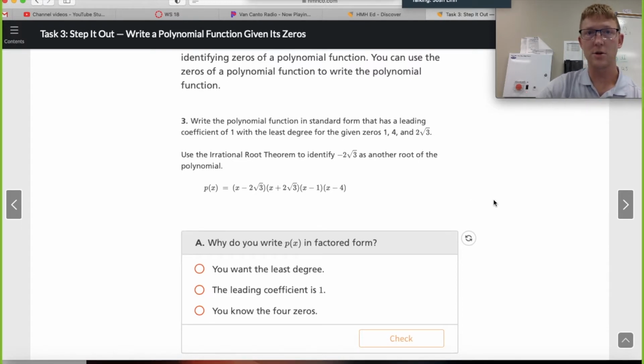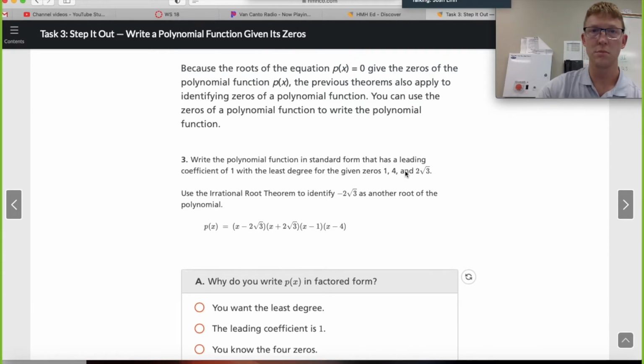Write the polynomial function in standard form that has a leading coefficient of 1 with the least degree for the given zeros 1, 4, and 2 square root of 3. Use the irrational root theorem.